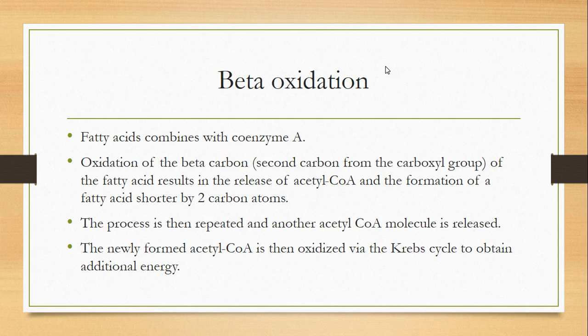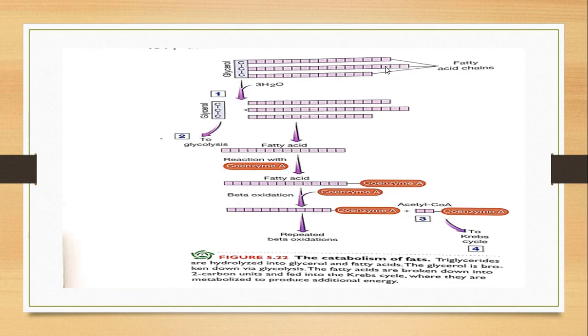So the process is repeated again, and 2 carbon atoms are detached and another acetyl-CoA is generated by the addition of coenzyme A. This is the whole process of fat metabolism, in which the fat molecule, which contains the glycerol and the fatty acids, after hydrolysis by the addition of a water molecule, is split into glycerol and fatty acids.